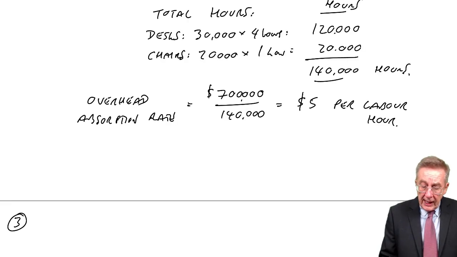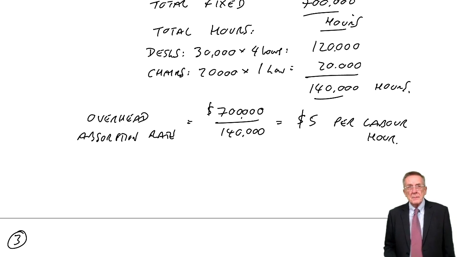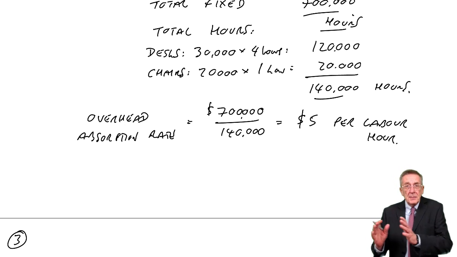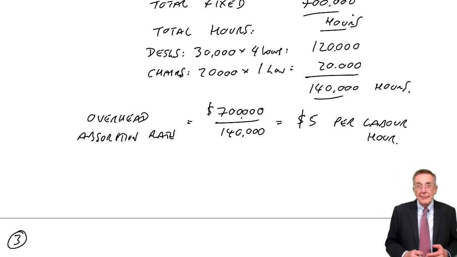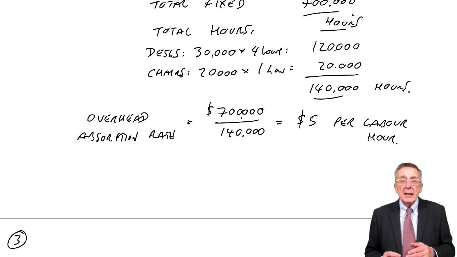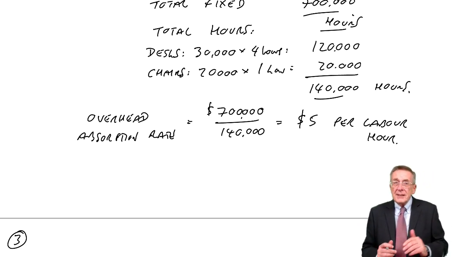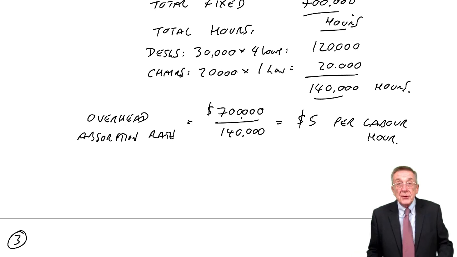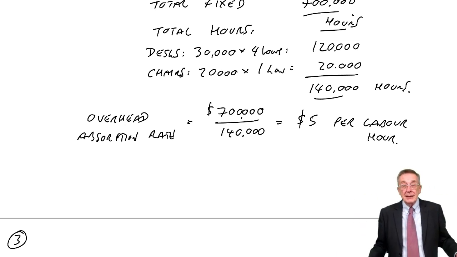And last time I did labour hours, I said, oh, it's $5 per hour. The difference here is because we've 2 separate departments, would it not perhaps be fairer to calculate a cost per hour in the assembly department and separately a cost per hour in the finishing department? All we've done in the previous one is work out a cost per hour for the whole factory.